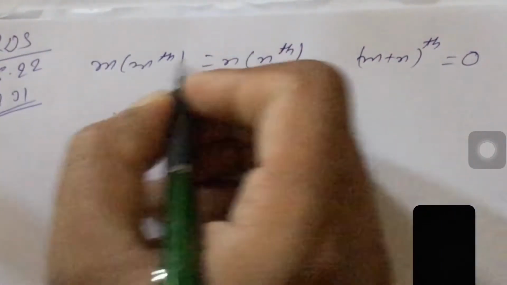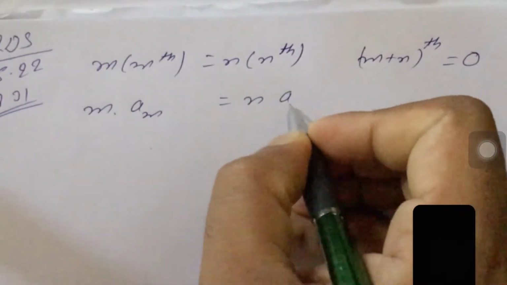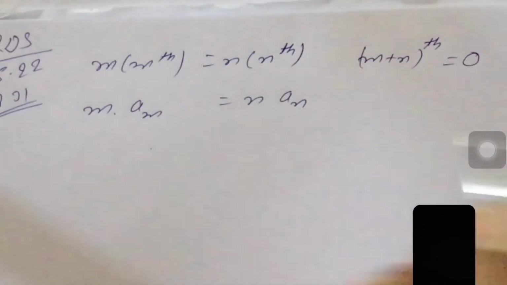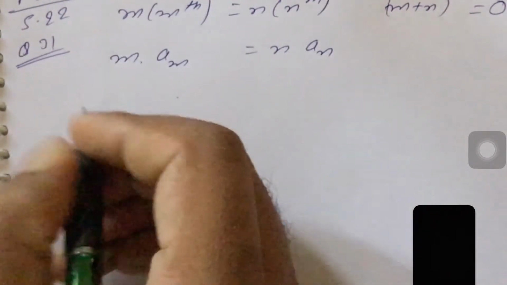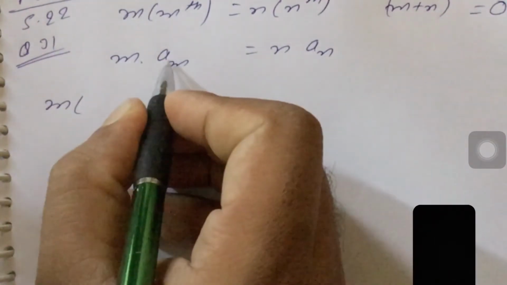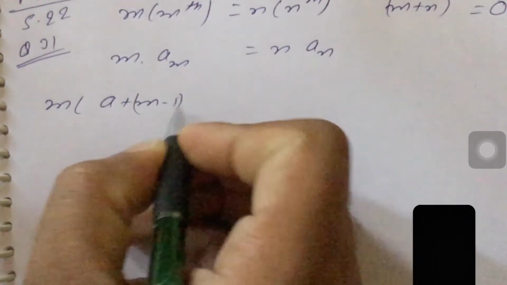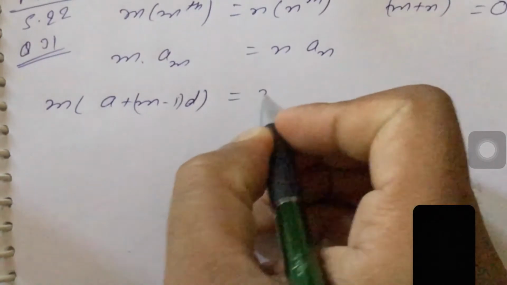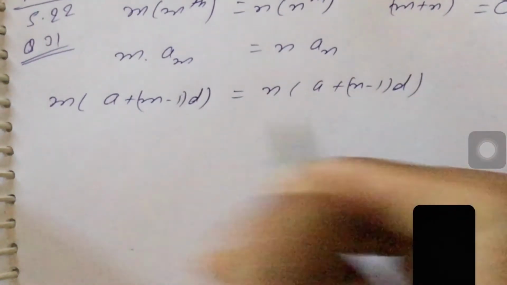So mth term means what? a_m, and nth term means a_n, right? Now simply substitute the values, nothing more is there in this question. So m into the mth term means m into (a plus (m minus 1) d), and here n into (a plus (n minus 1) d).